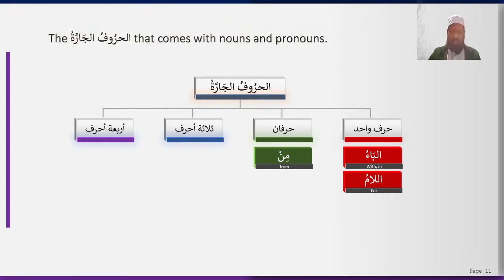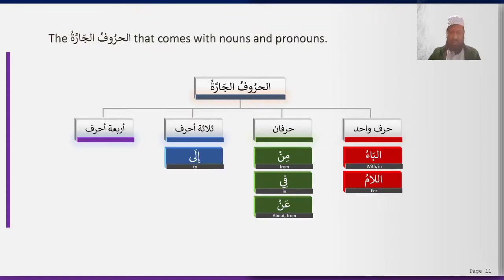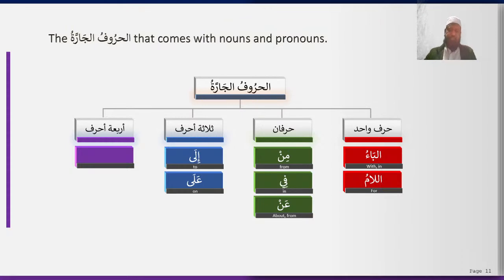We say bi zaydin, bil babi, for example, by the door, or bihi with the damir. Two letters: min, fi, an. Three letters: ila, ala. And no 4 letters.